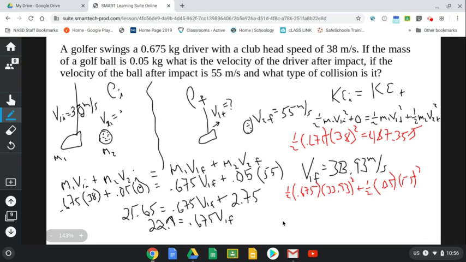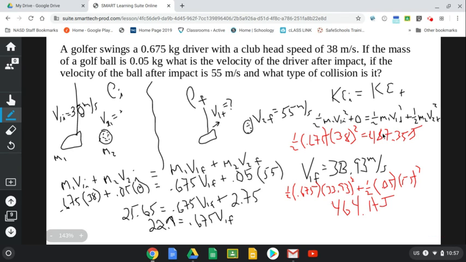All right, so let's do that. 0.5 times 0.675 times 33.93 squared plus 0.5 times 0.05 times 55 squared gives me a kinetic energy after the interaction or collision of 464.17 joules. So there was a loss of a little bit of kinetic energy.